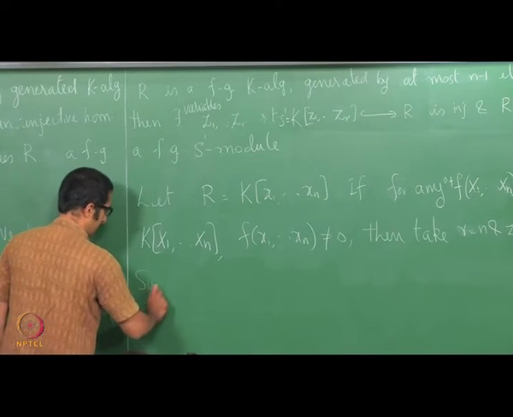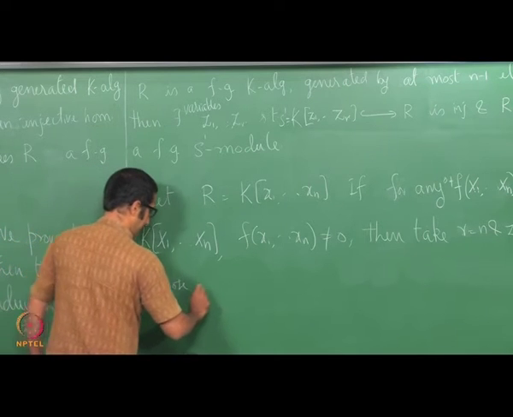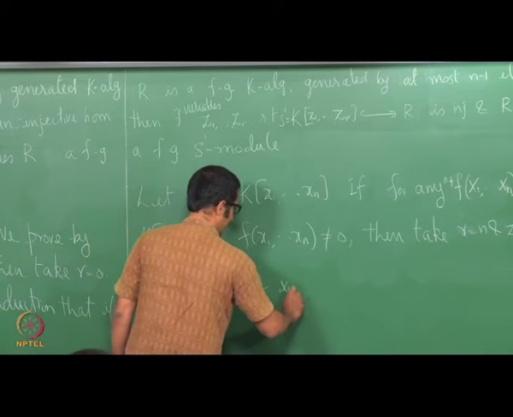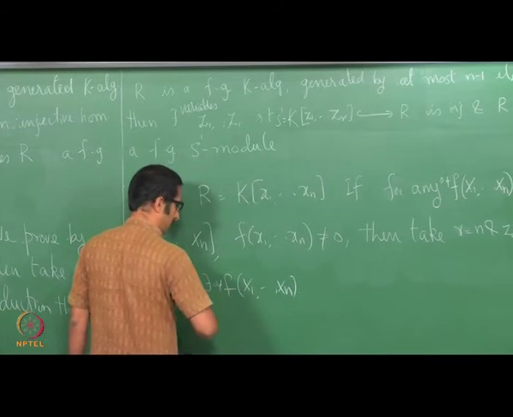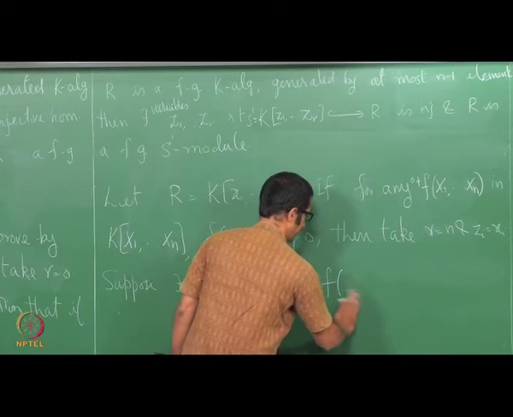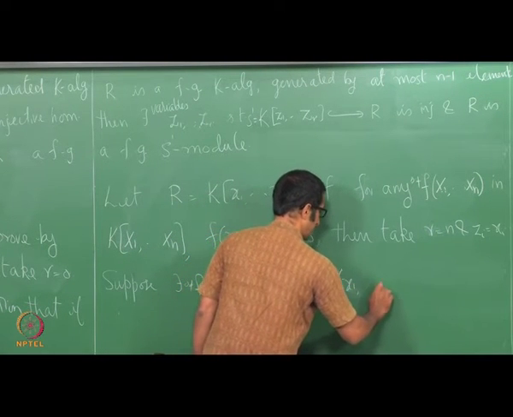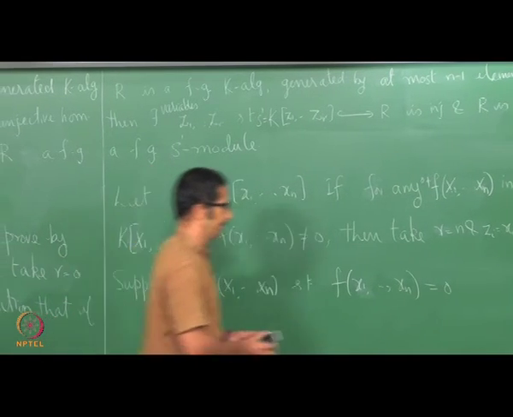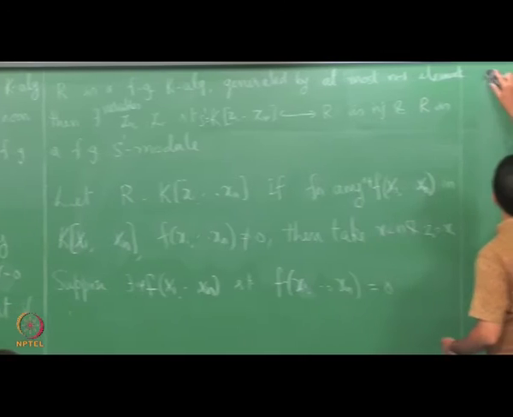So, suppose there exists a non-zero polynomial f such that f of x1 up to xn is 0. Suppose this is 0.